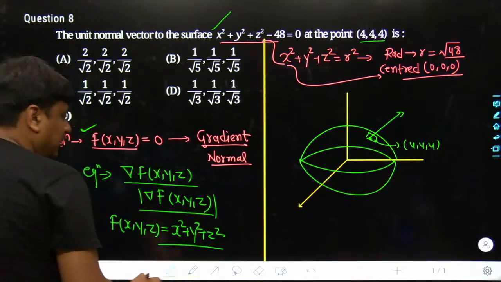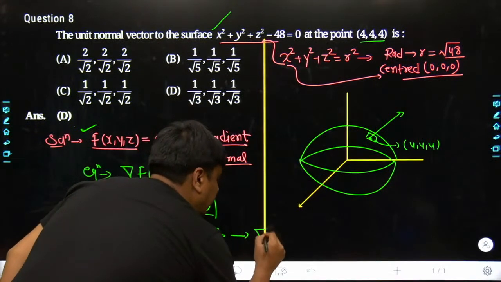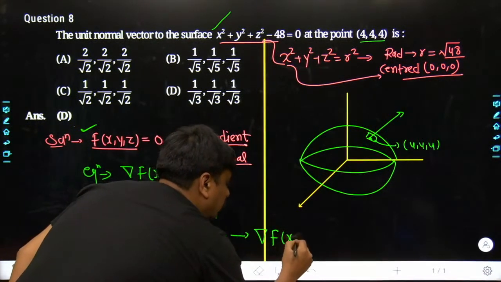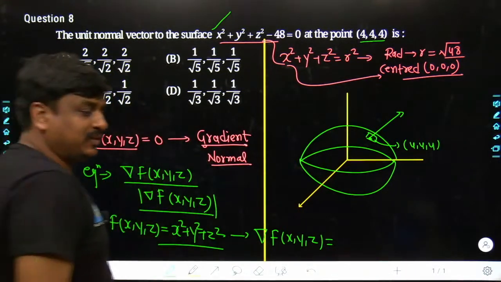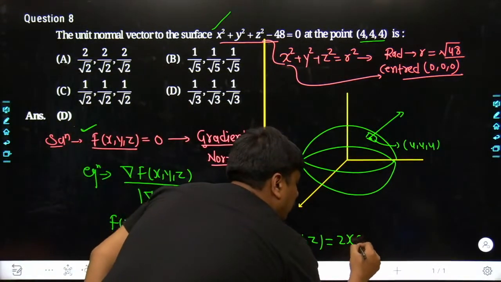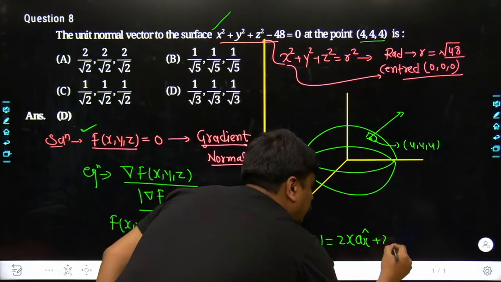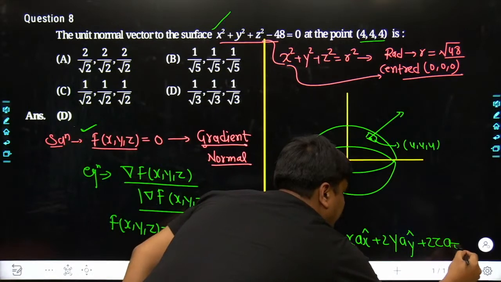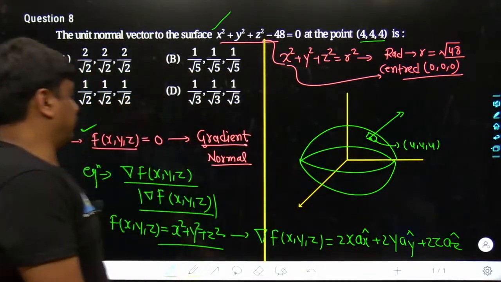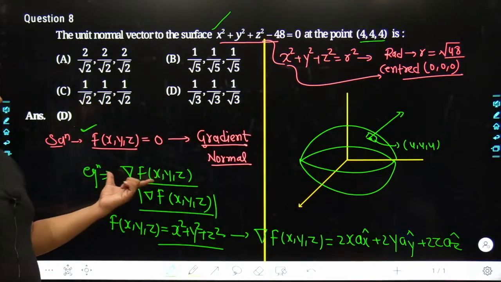So if we had to get the gradient of the function f(x, y, z), what would be the worth over here? Obviously, it's simply going to be 2x ax cap, 2y ay cap, and at the end 2z az cap. Yes. So at least the numerator part is clearly known to me.